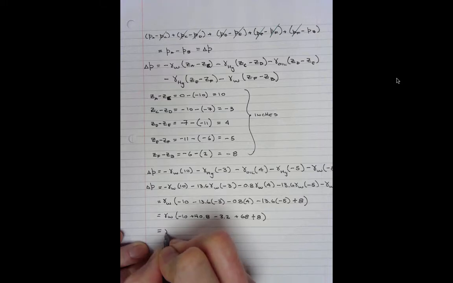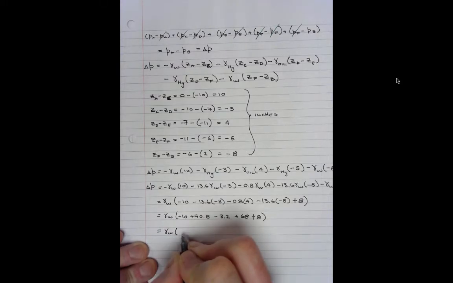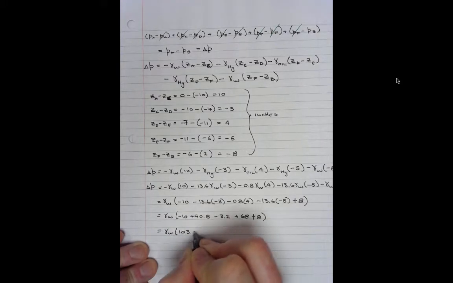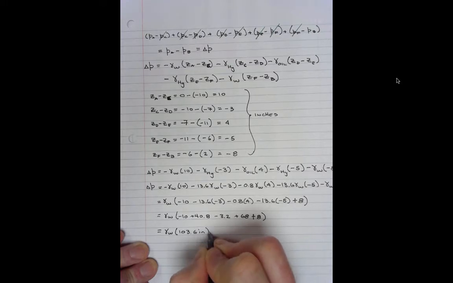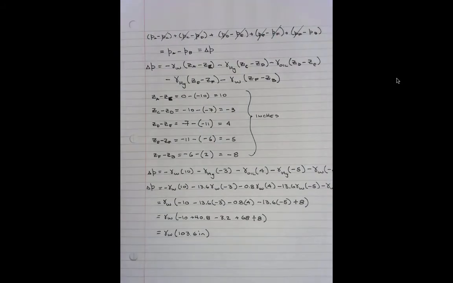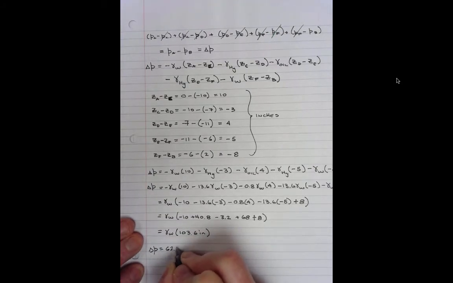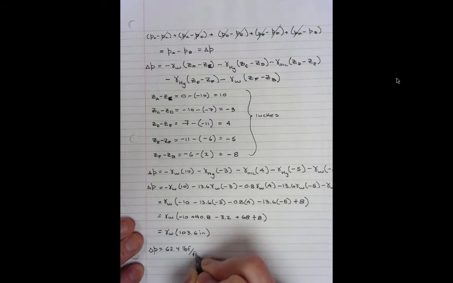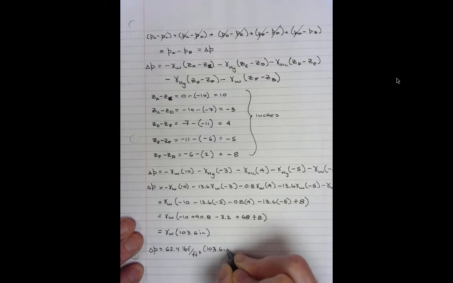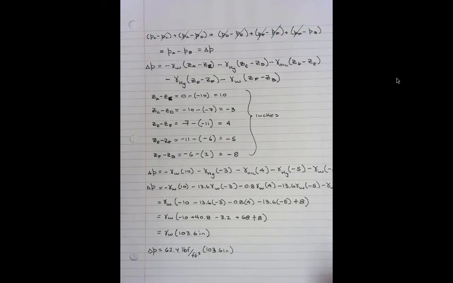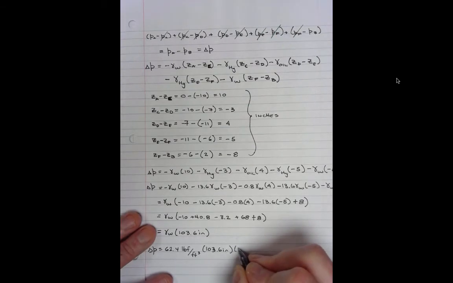This equals gamma water times 103.6 inches. All right, so now we're ready to produce our results. So delta P is 62.4 pounds per cubic foot. That's our specific weight. There's 103.6 inches of net manometry change.